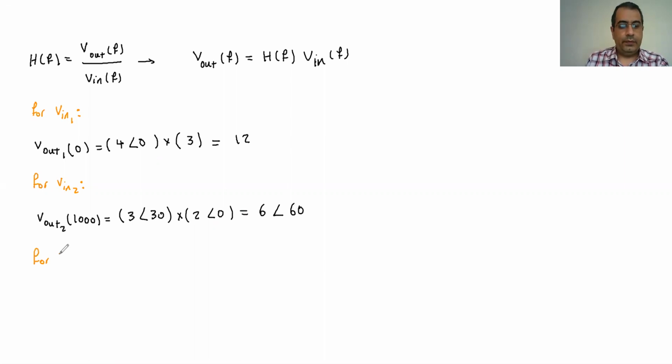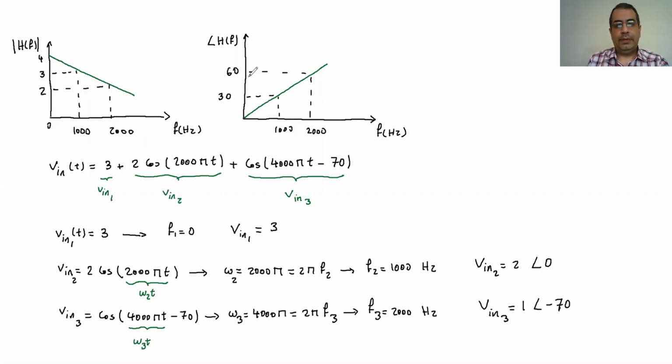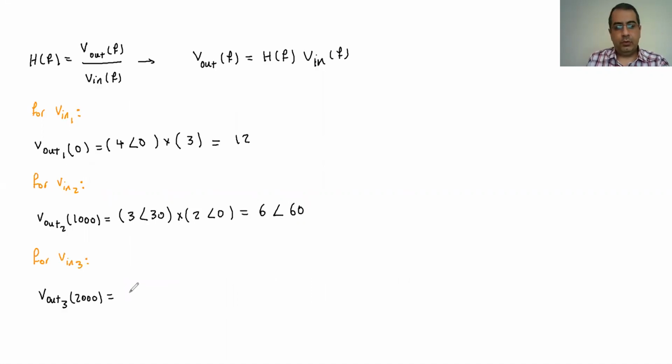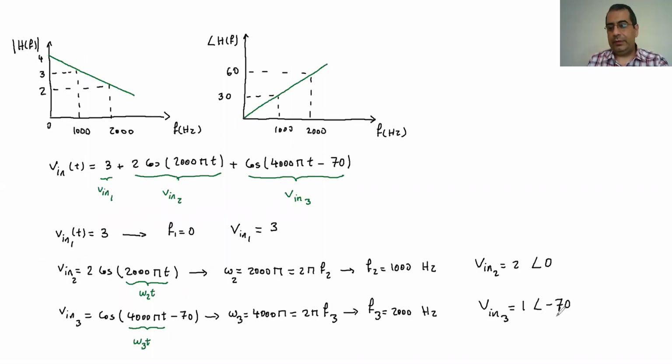And then for the third input, the V out of the third one, which has a frequency of 2000, is H of f at 2000. At 2000 it is going to be 2 with an angle of 60, times the input, which is 1 with an angle of negative 70.